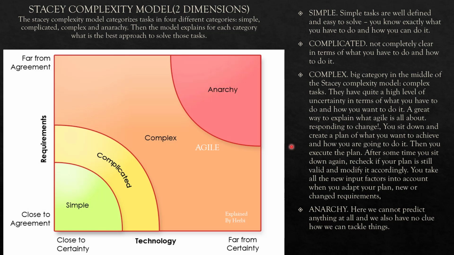And then you go to the anarchy. Anarchy, in general terms, we can say it's a disaster. In case of disaster, you cannot plan anything and you cannot do anything until it is stabilized. So first you have to look for stability. For example, if you are doing disaster management in a country, in case of an earthquake or a very huge flood, or with corona, first of all you have to look for stability.